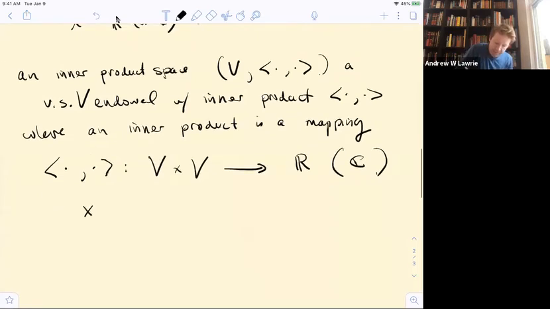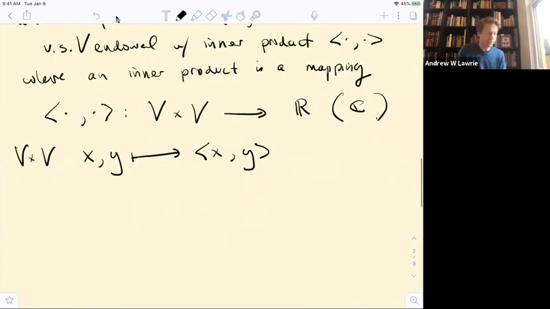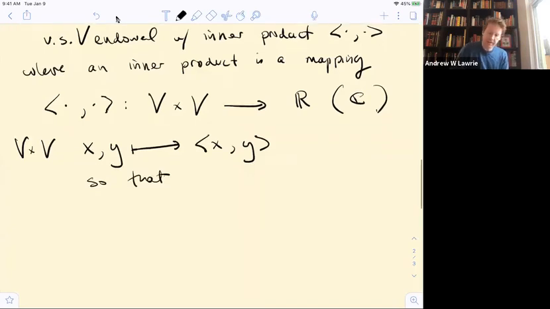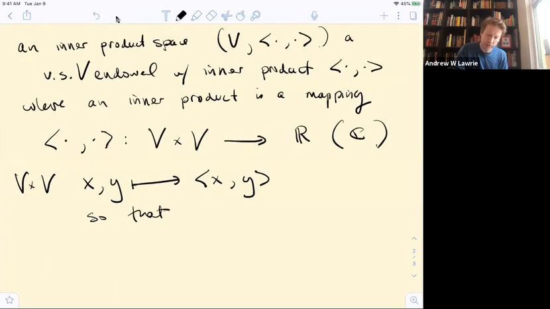We'll write this as a pair x and y gets sent to x inner product with y. So this is what the mapping looks like. Let's do the case of a real inner product first.